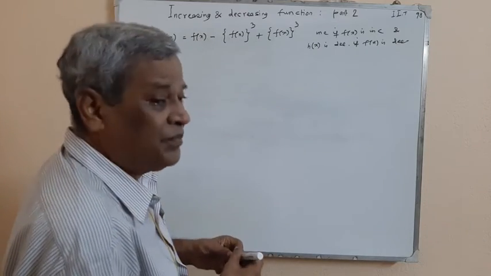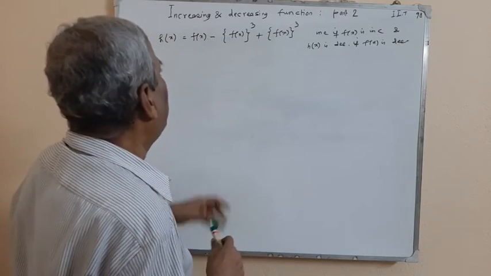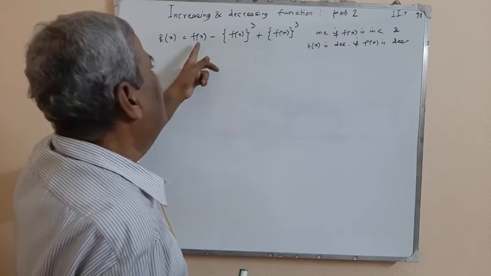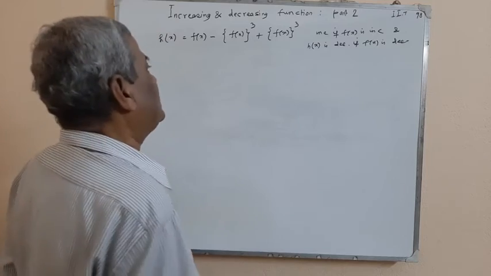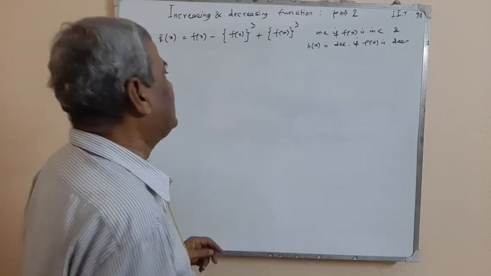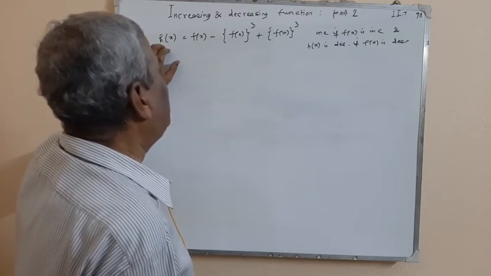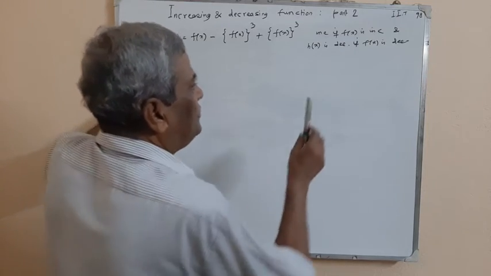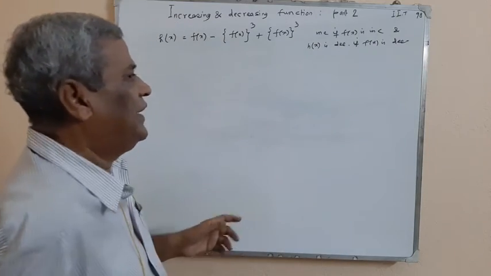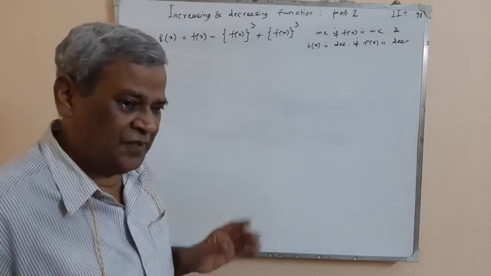Okay. This is a very unique type of problem. A function is expressed in terms of the other function f(x), and we have to prove that h(x) will be increasing if f(x) is increasing, and this function is decreasing if f(x) is decreasing.